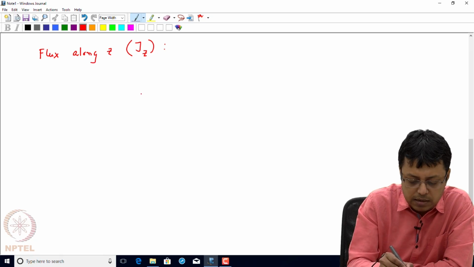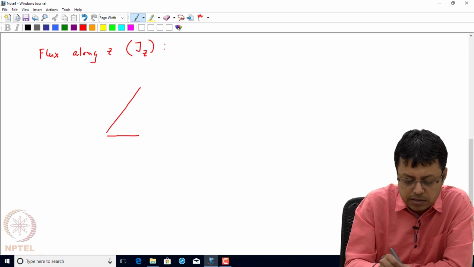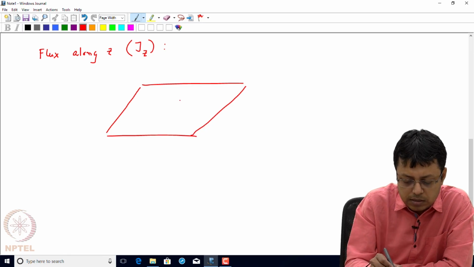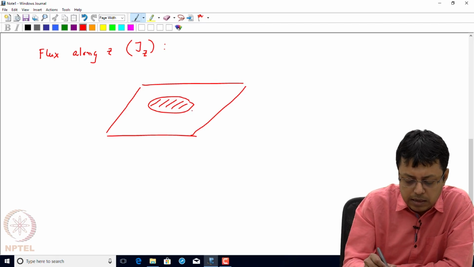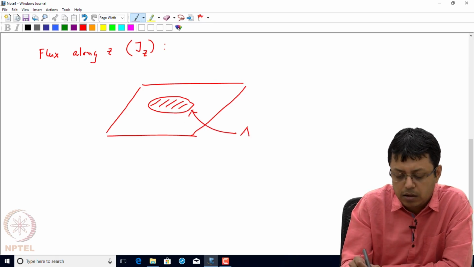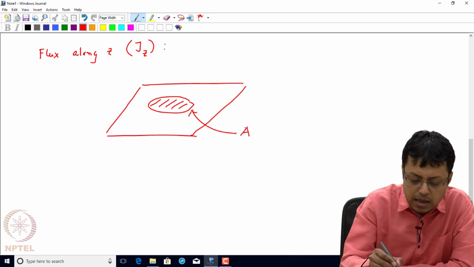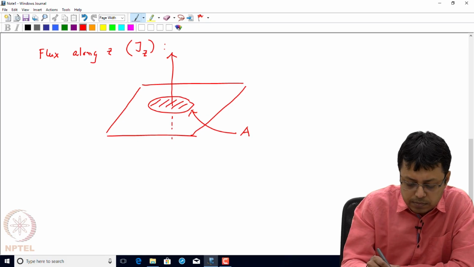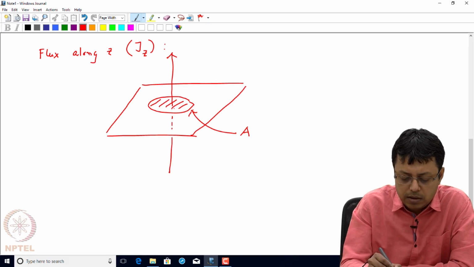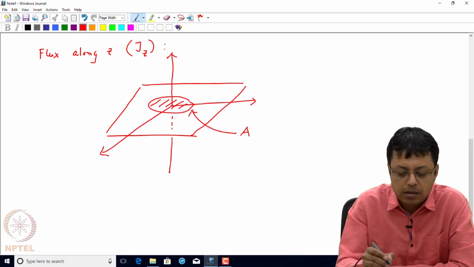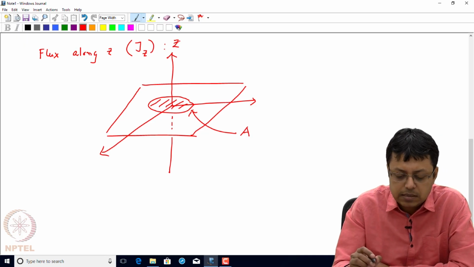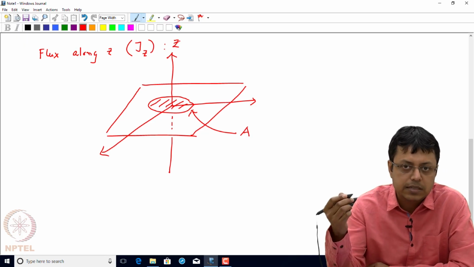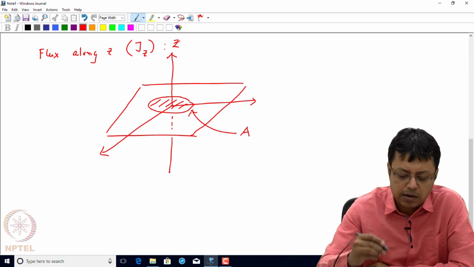So, suppose we have some surface, and this is the particular area we are considering, and let us say the cross-sectional area of this shaded region is A, and this is the positive z axis, my coordinate system, though of course I actually have a three-dimensional coordinate system. I am only considering the flow along the z axis, and suppose some molecule is coming at some angle and hitting this surface.